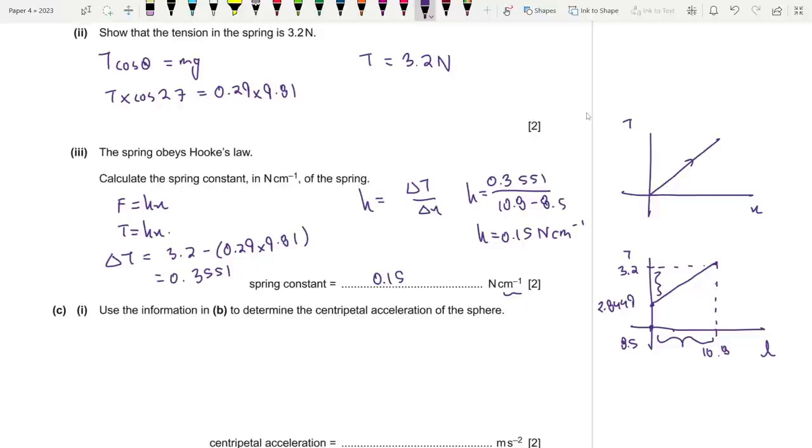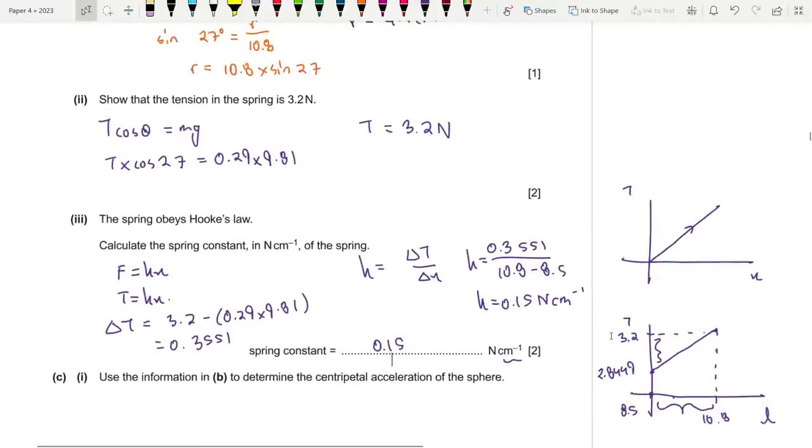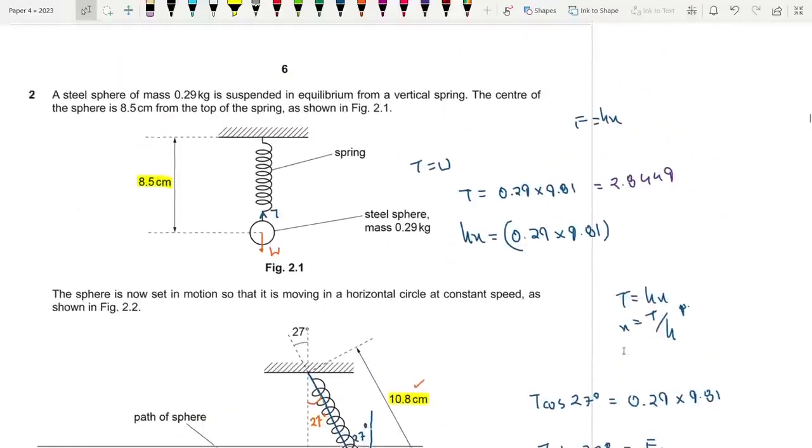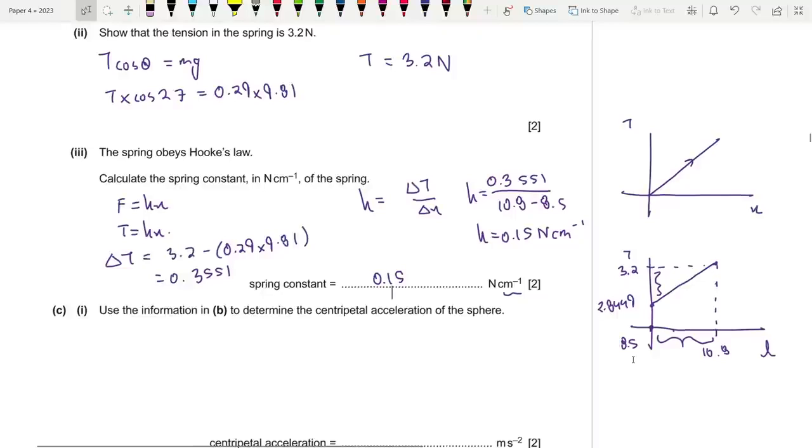Hopefully that's fine with you guys. Tricky question though, not everyone's cup of tea. This whole paper is very tough, this whole question number 2.